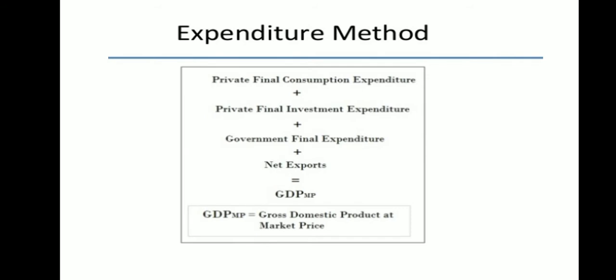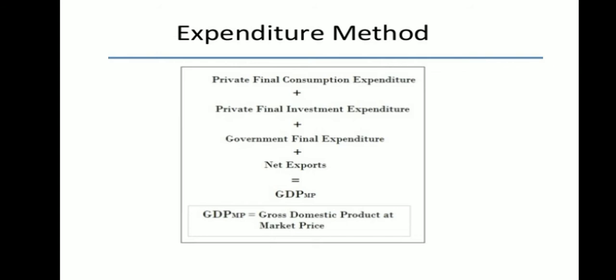The other method for calculating national income is the expenditure method, that is private final consumption expenditure plus private final investment expenditure, plus government final expenditure plus net export. Net export is X minus M, that is export minus import, and this equals GDP MP, gross domestic product at market price.